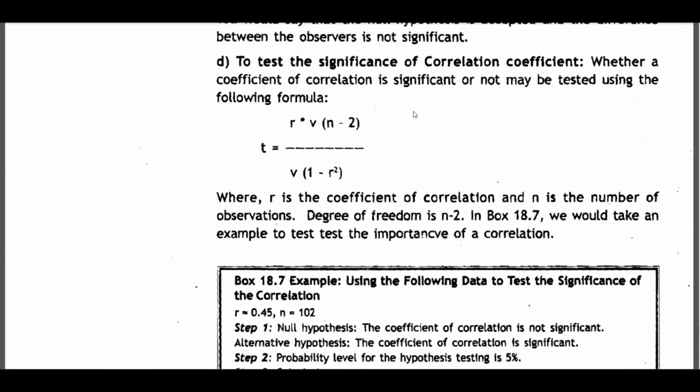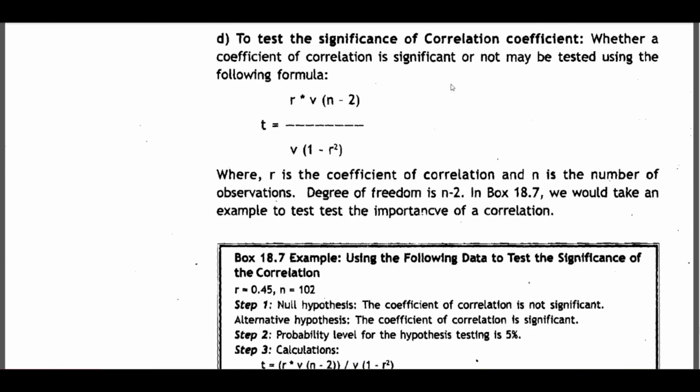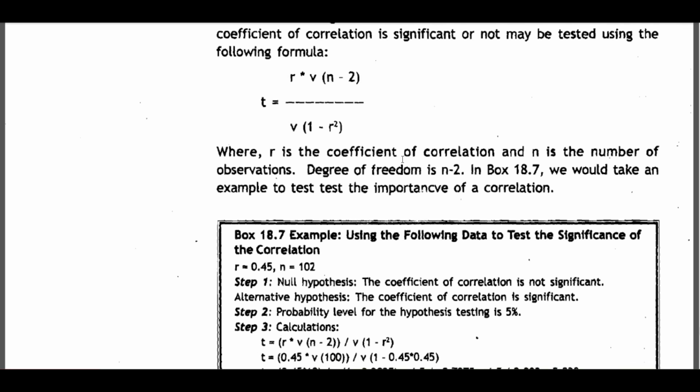Next, to test the significance of the correlation coefficient, whether a coefficient of correlation is significant or not may be tested using a formula. Here also the formula for t is given, where r is the coefficient of correlation and n is the number of observations, and the degree of freedom is n minus 2.